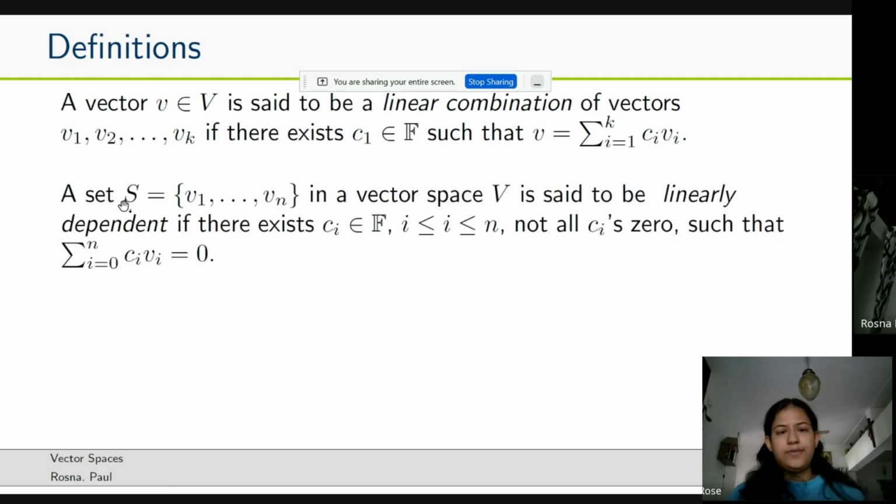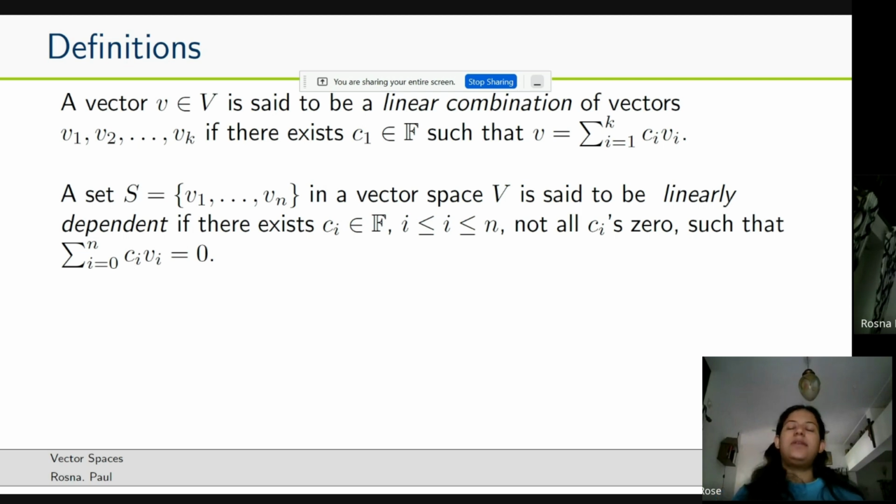And if you have a set of vectors as a subset of our linear space, this set of vectors is said to be linearly dependent if there exist some scalars from our field F such that when we write c1 v1 plus c2 v2 and so on, which is equal to 0, not all ci's should be 0. Which means that not all coefficients should be 0.